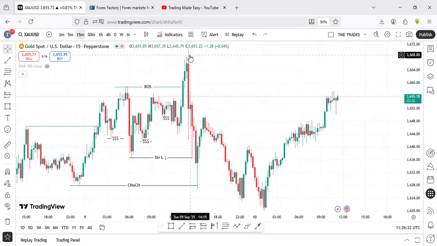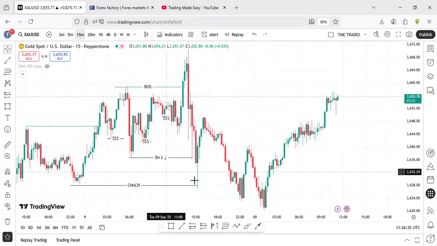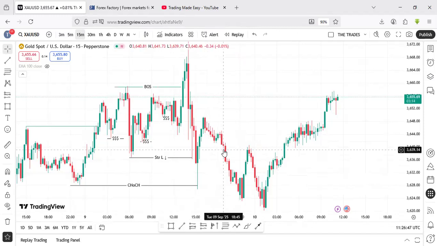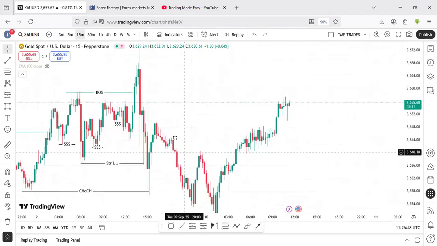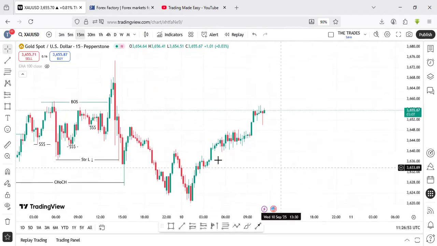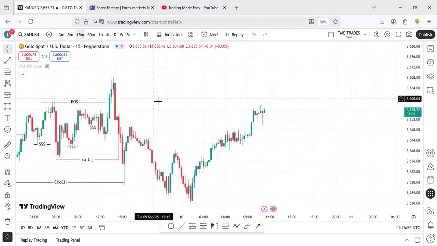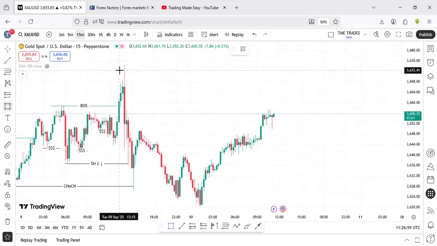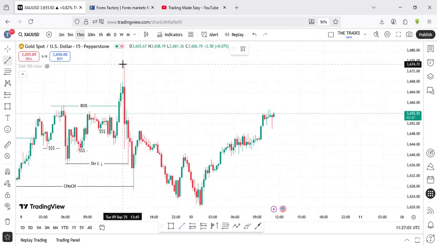Now, after this high, before these things started happening, now breaking this and also this, changing the direction and character of this market. So let's have all this in mind now and come to the current price movement. So looking at this particular place, we are triggered all these movements. Now, this place triggered all these movements.